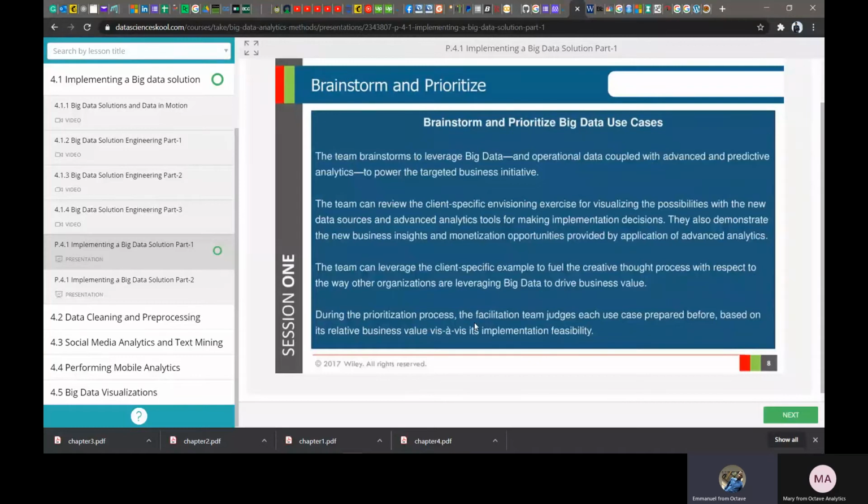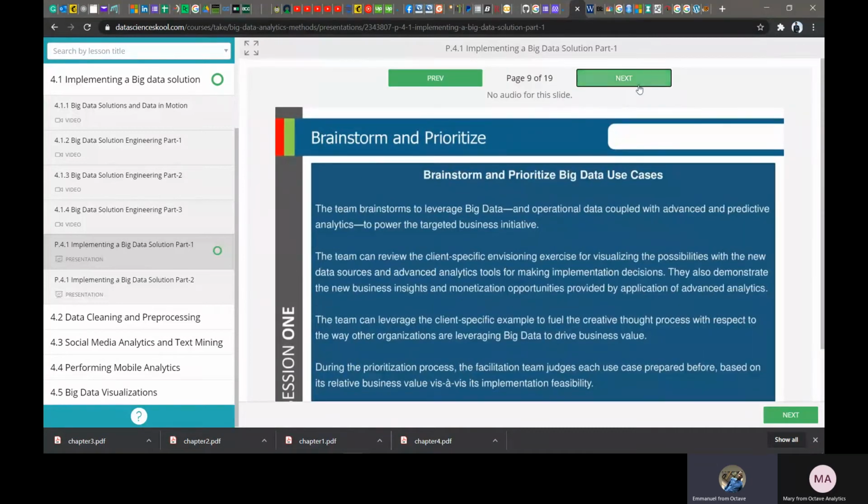How feasible is it to implement this solution, and what business value will it bring to the table? This is going to form the XY plot or a 2 by 2 matrix. We're looking for a solution that is highly feasible to implement and is going to give us great business value. Moving on to the next slide.